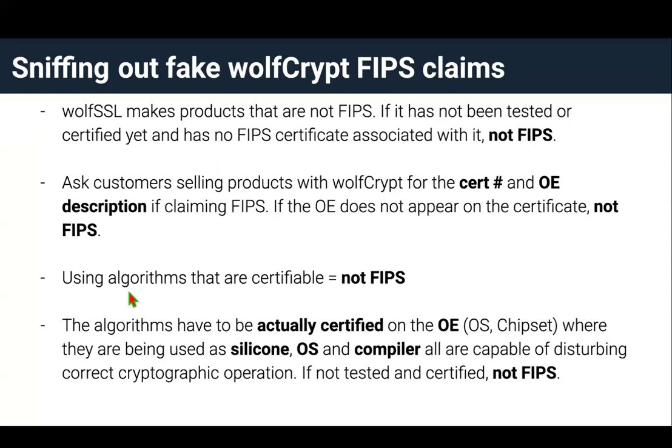Then also check, are the algorithms that are being used all certified? There are a couple of our customers that have found ways of turning on, for example, RC4. It's a really old legacy algorithm. It's outside of our module boundary. It's in its own isolated file. So they can compile our FIPS module, and then they can compile RC4 separately as a standalone binary object, and then they can put the two together into a library.